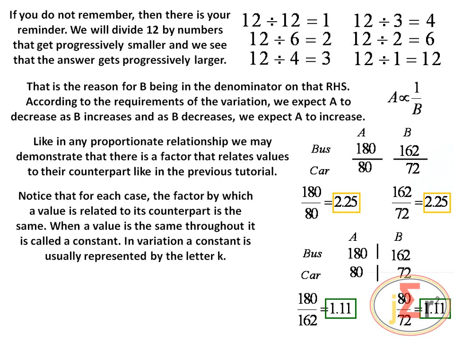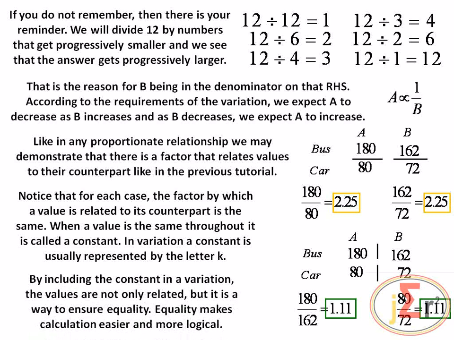The constant is basically the most important component of a variation problem. Even if we do not actually find its value, we are making a lot of calculations that are based on the fact that there is always a constant value by which values of the variables are related.